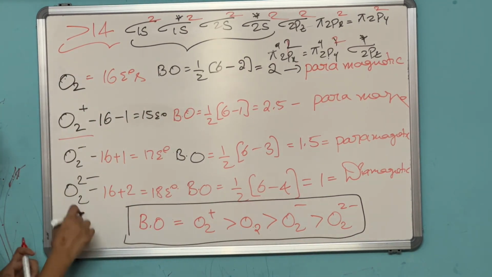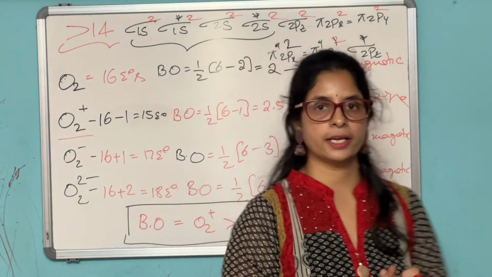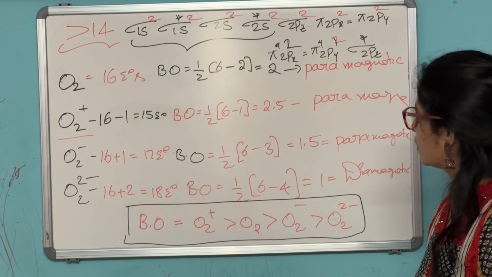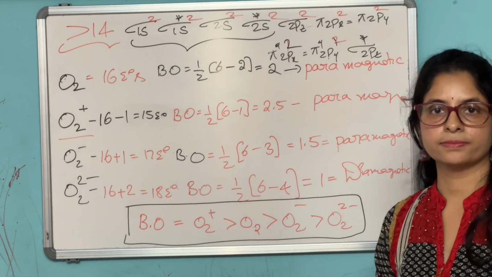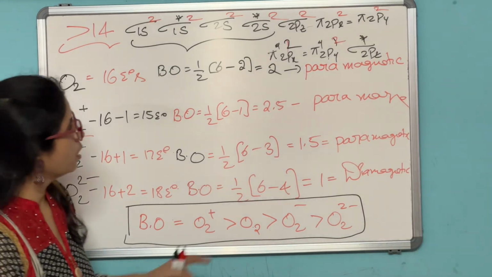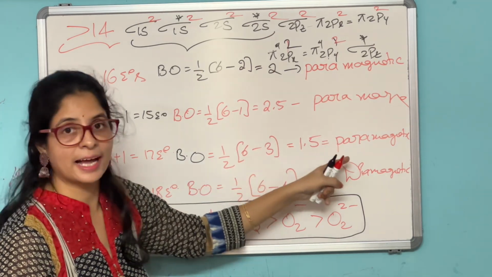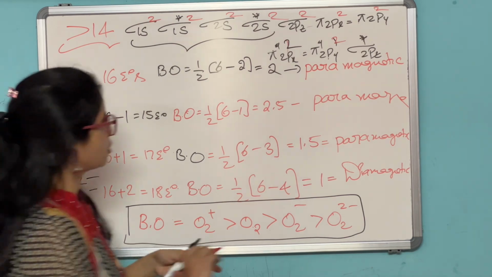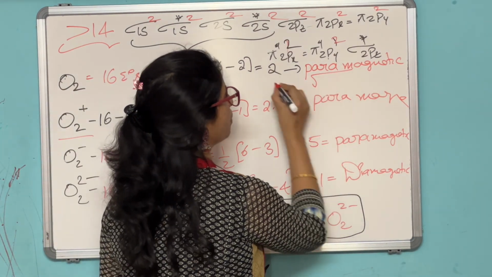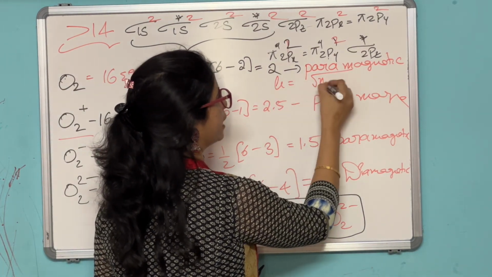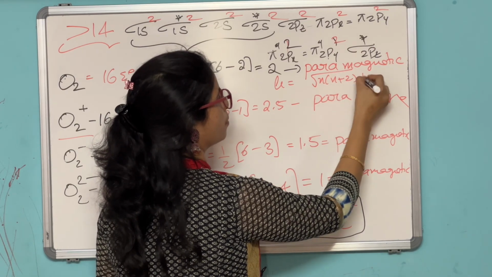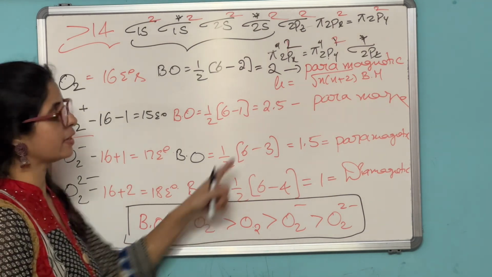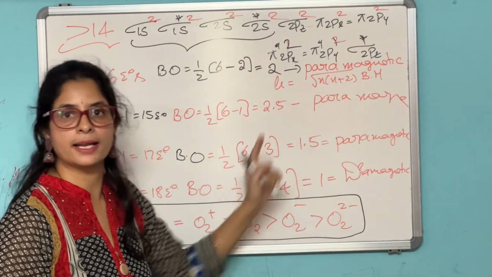Now write down the bond length order. First, for these species you can calculate the magnetic moment using the formula: magnetic moment is equal to square root of n into n plus 2 Bohr magnetons, where n is the number of unpaired electrons.